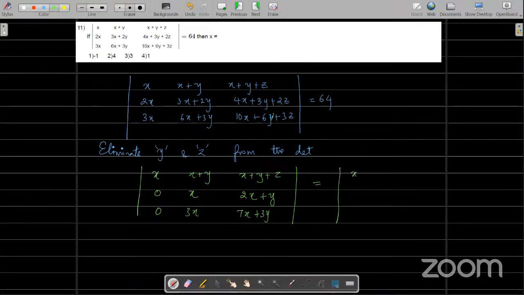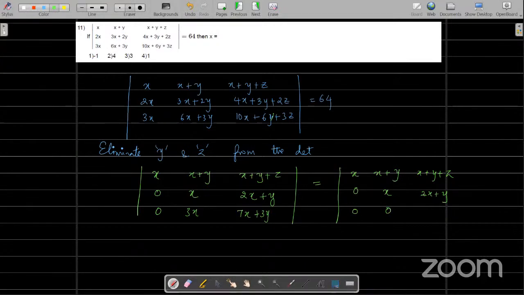So that means I can get this as x, x plus y, x plus y plus z, 0, x, 2x plus y as it is. And I'm trying to multiply this by 3 and see what happens, right? Because there is 3y here and y there, so multiply by 3. So 3x minus 3x is 0.